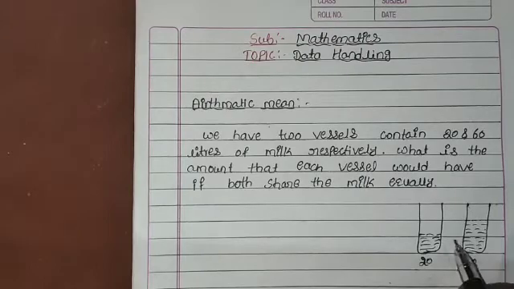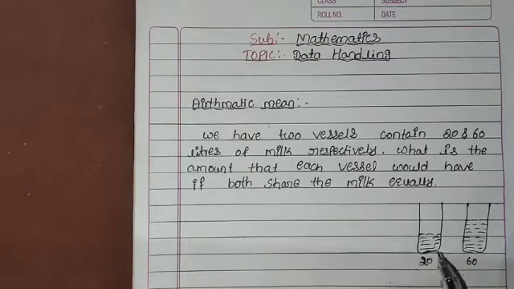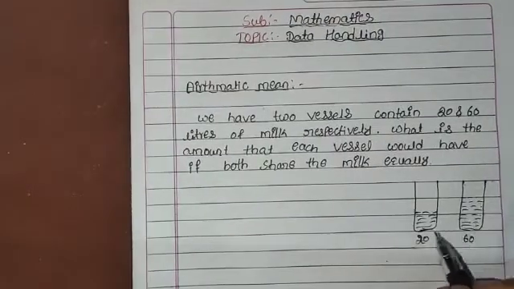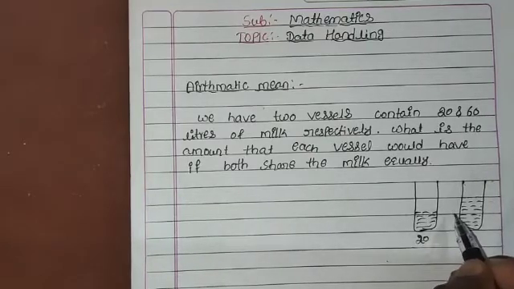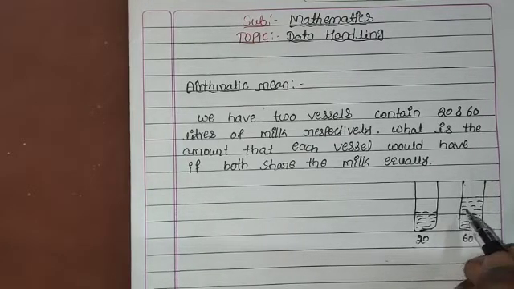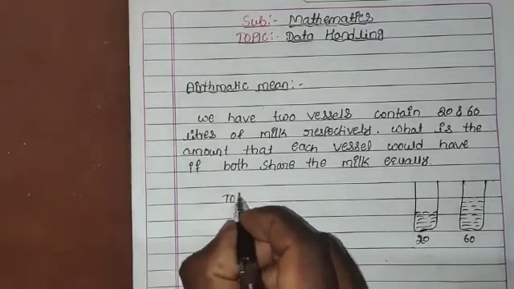If we have to share this milk equally, how many liters does each vessel contain when we share it equally? Now we have to find this out. How do you find that? At first we have to find the total quantity of milk.